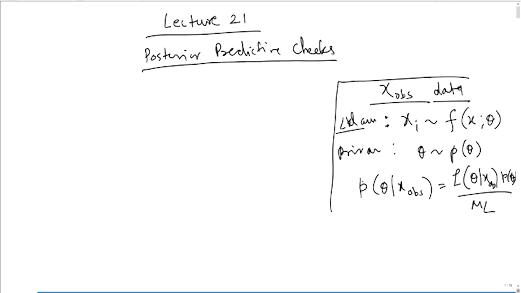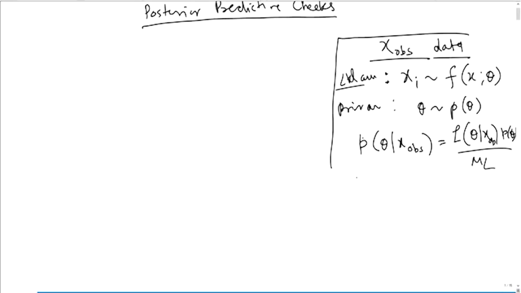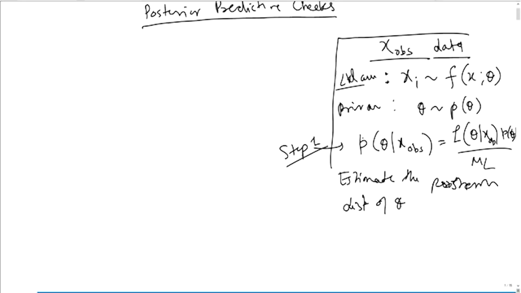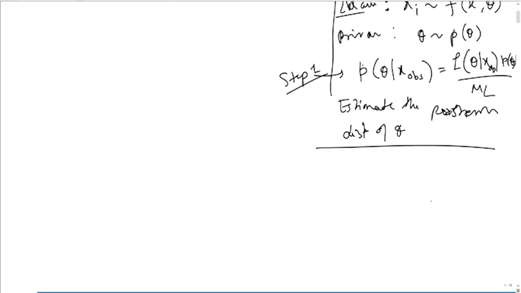So once we have the posterior distribution of theta, now we can generate posterior predictive data like this. You can call this step 1. So what is step 1? Estimate the posterior distribution of theta. So that's step 1.